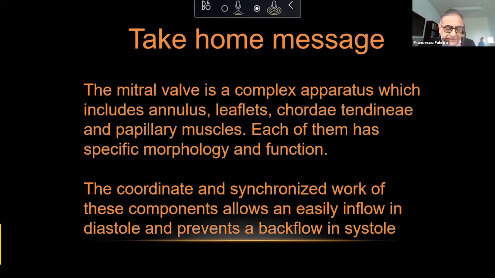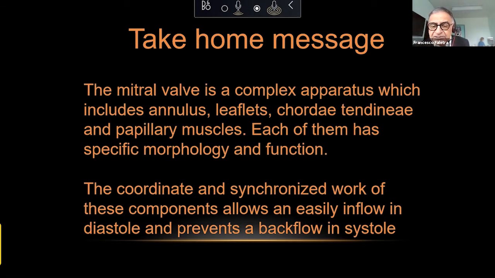Well, the indentation is a normal aspect of the posterior leaflet, while the cleft is differentiated for three reasons. First, it arrives until the insertion, until the hinge line, so it's longer than an indentation.